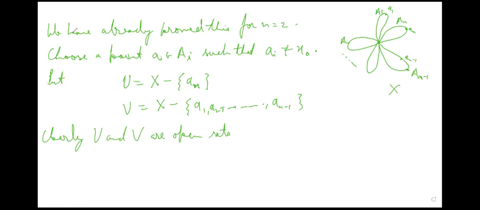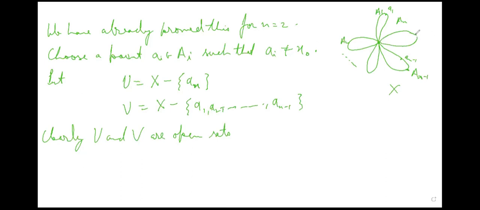Now consider this U, in which you have just removed an from X. What will you have? You will have something like this, with a point removed.